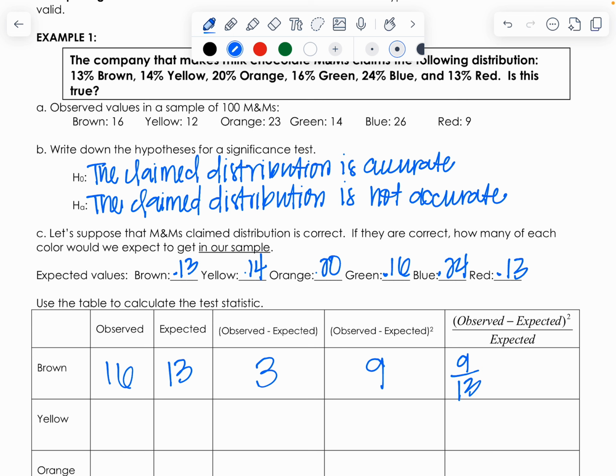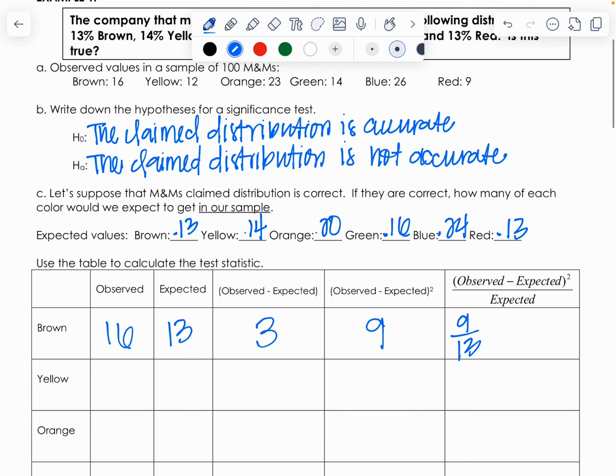Okay, now we're going to do that for every color. So for yellow, we observed 12. We expected to see 14%, so 14. So if I subtract that, I get negative 2, which squared is 4. And then if I divide that by the expected, so observed minus expected squared is 4, divided by the expected, that's 14.